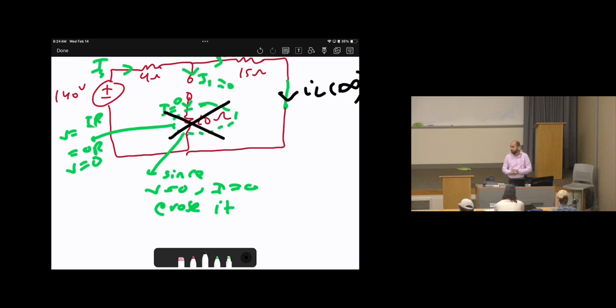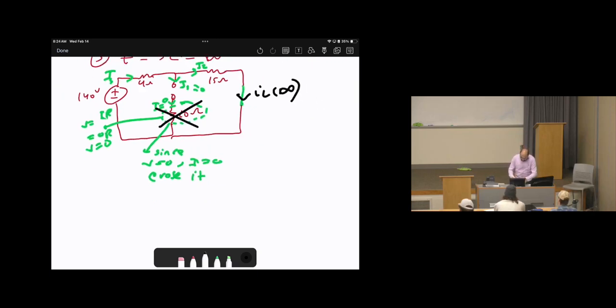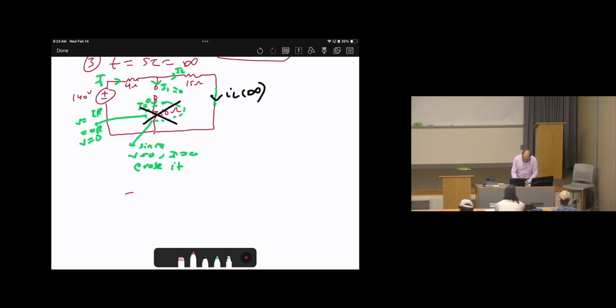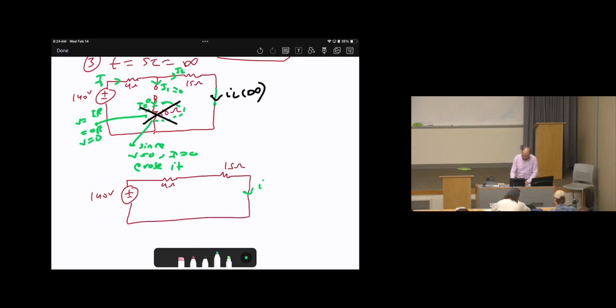Okay? So what I'm going to do, I'm going to redraw the circuit. 140 volts, 4 ohms, 15 ohms, and just erase it like it doesn't exist. Here is IL of infinity.